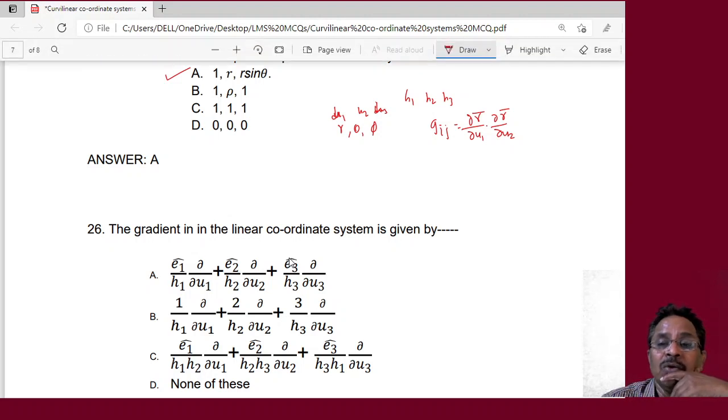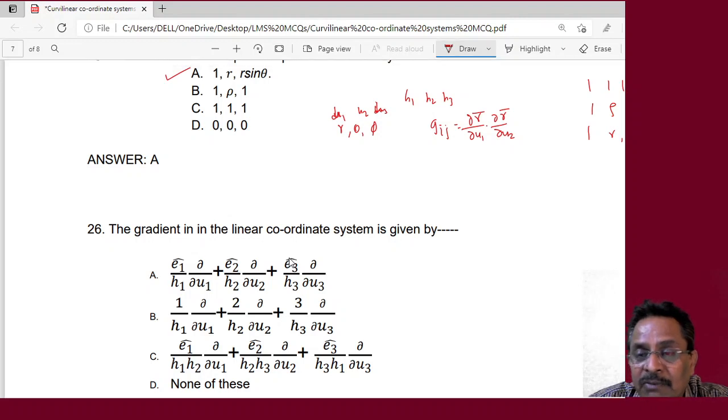Therefore the scale factors for the spherical polar coordinate system are 1, r and r sine theta. Till now we have seen 1, 1, 1 are the scale factors for Cartesian, then 1, rho and 1 for cylindrical, and 1, r and r sine theta for the spherical polar coordinate system. So just remember these three things.